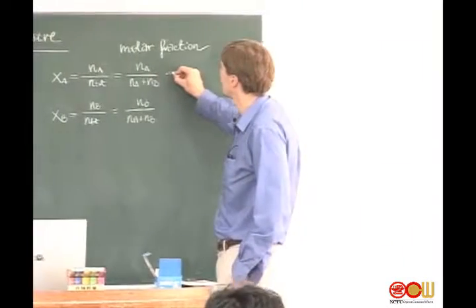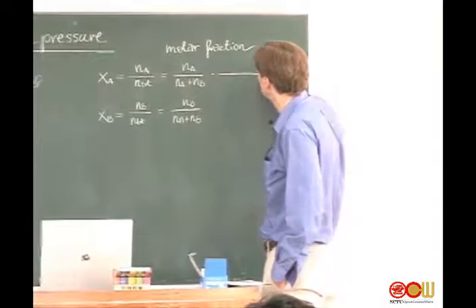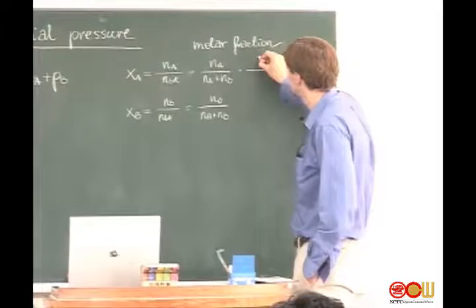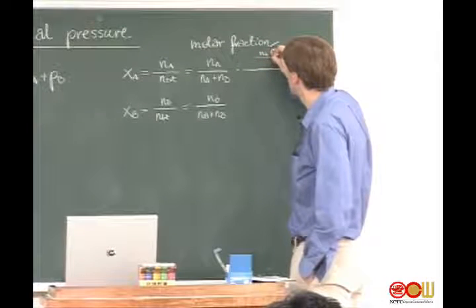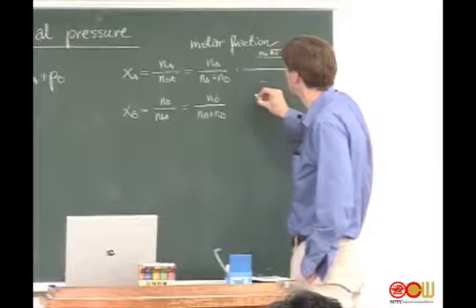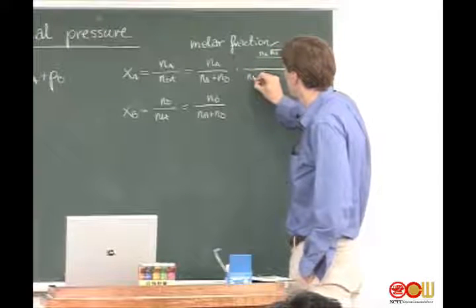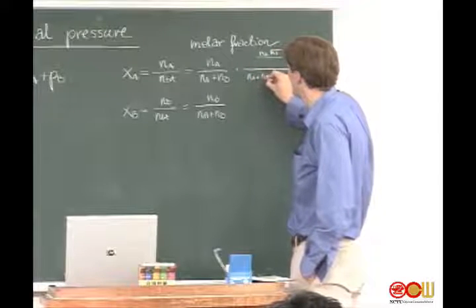We can play with this one a bit. We take NA and multiply it by RT. If we multiply, we also have to multiply the denominator NA plus NB.